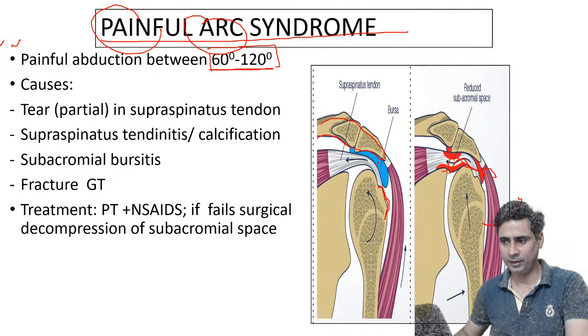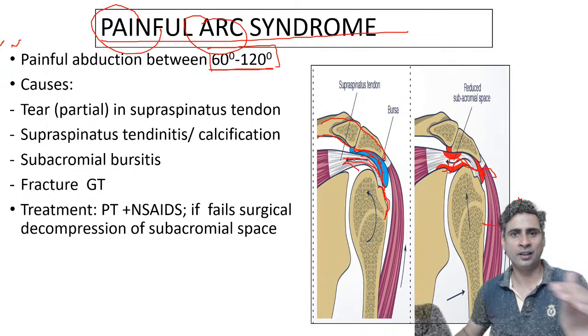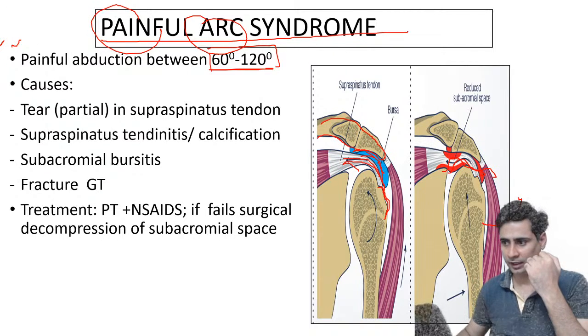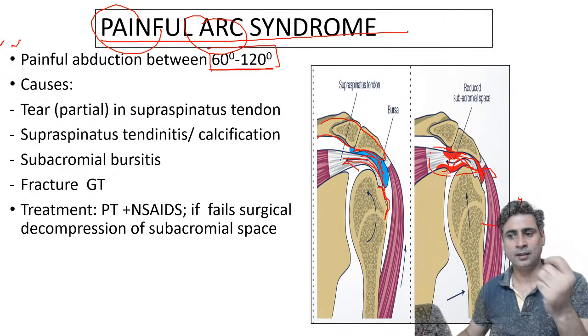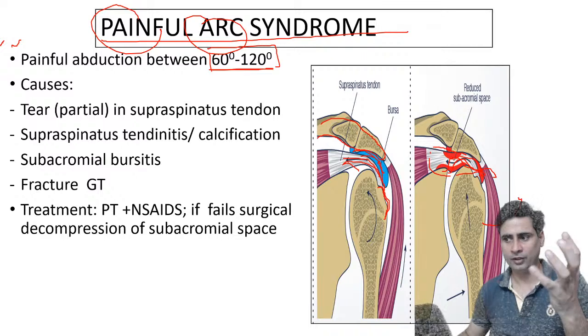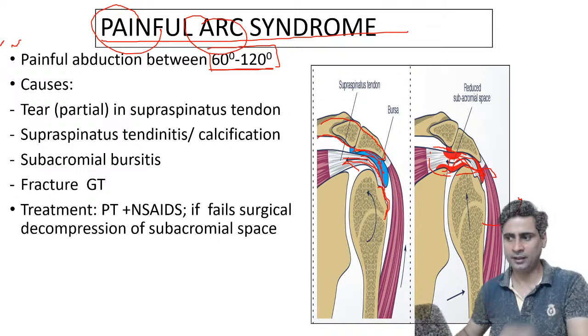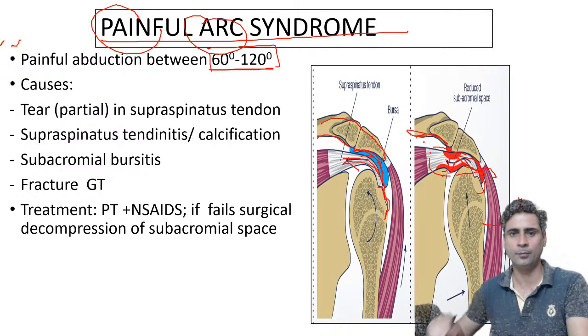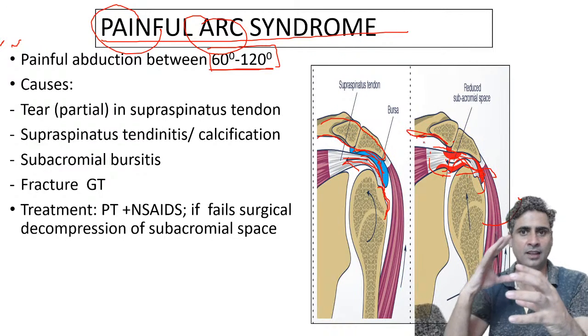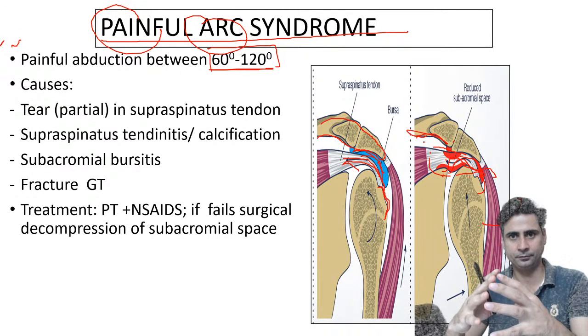Normally there is subacromial bursa, and in normal supraspinatus tendon nothing will happen. It will allow frictionless movement. But if there is some pathology in this supraspinatus tendon, that is partial tear or inflammation, that tendon will be swollen. Once you are doing abduction between the range of 60 to 120 degree, that tendon will get nipped between greater tuberosity of humerus and acromion process, and during that range there will be pain.